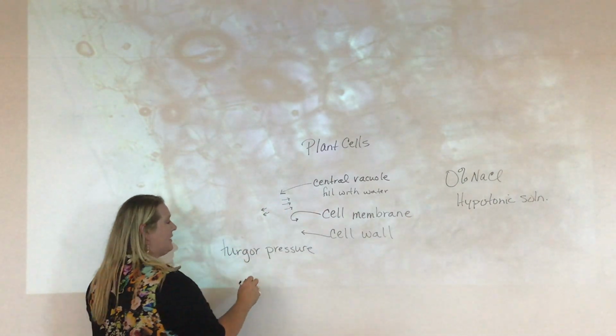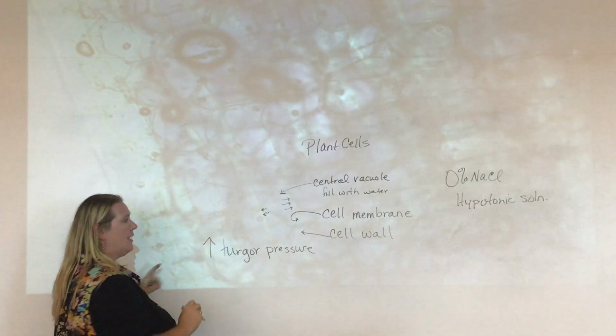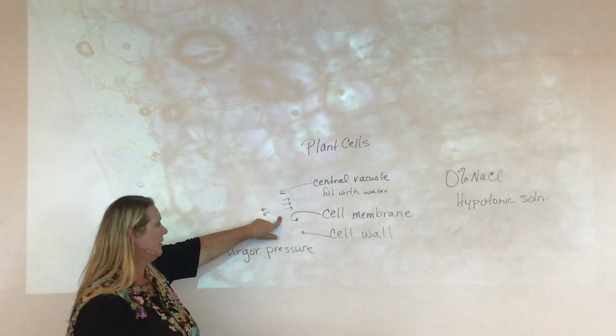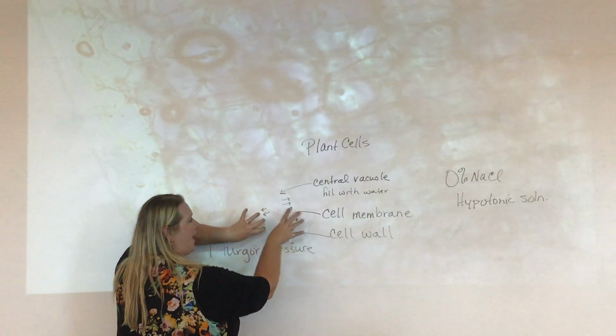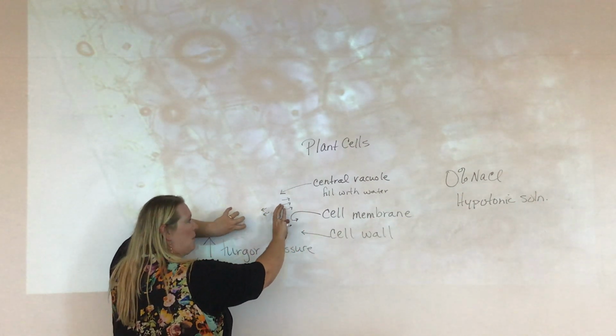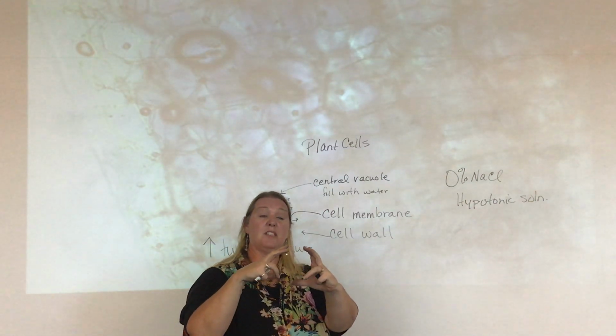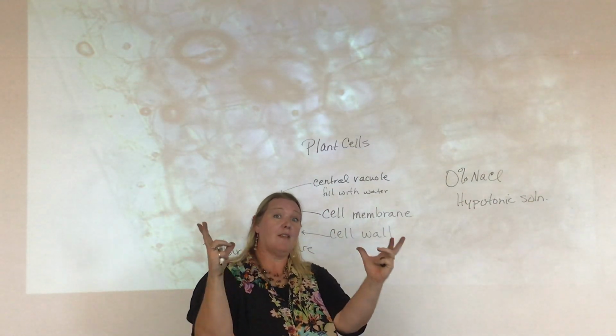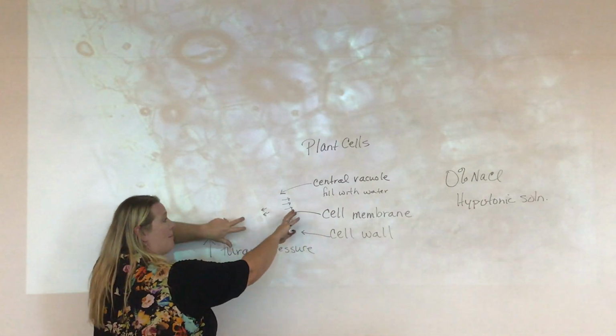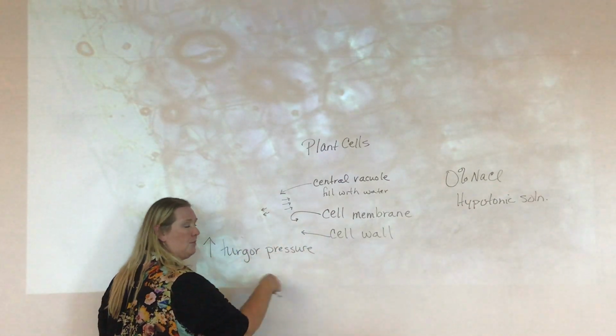If it is high turgor pressure, that means that it's filled up, and that central vacuole, that pigment, that water is pushing from the inside, just like on the animal cell, where it would swell up and stretch, except that the animal cell burst. This one's not going to burst, it's just going to have more and more pressure.